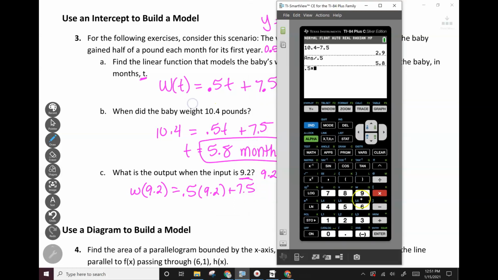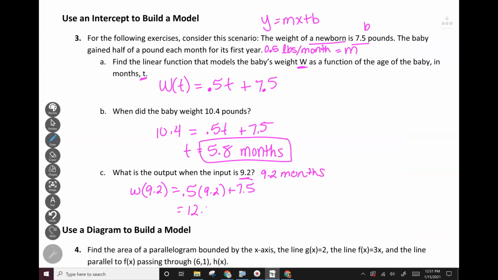So 0.5 times 9.2 plus 7.5. Okay, so the output there is 12.1. So think about it. After 9 months, the baby is weighing in at about 12.1 pounds. That is what that means. So I can add units there because I know weight is being measured in pounds.